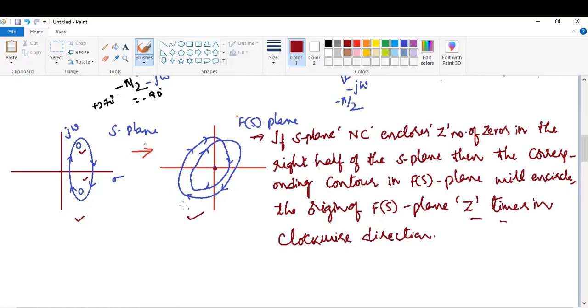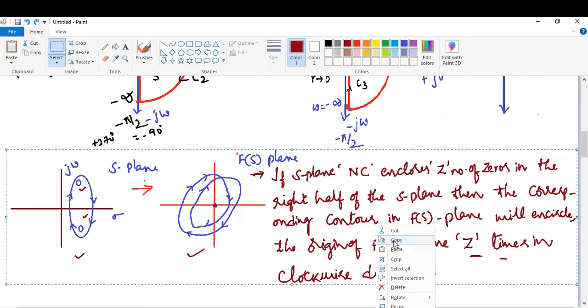Similarly, we can say there are poles here. Only two poles are located in the right half of the S plane, so the encirclement of the origin happens in anti-clockwise direction.